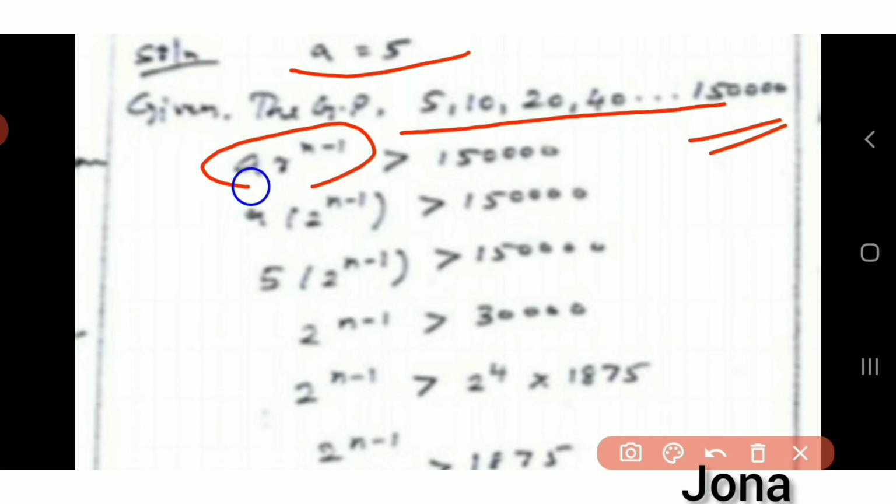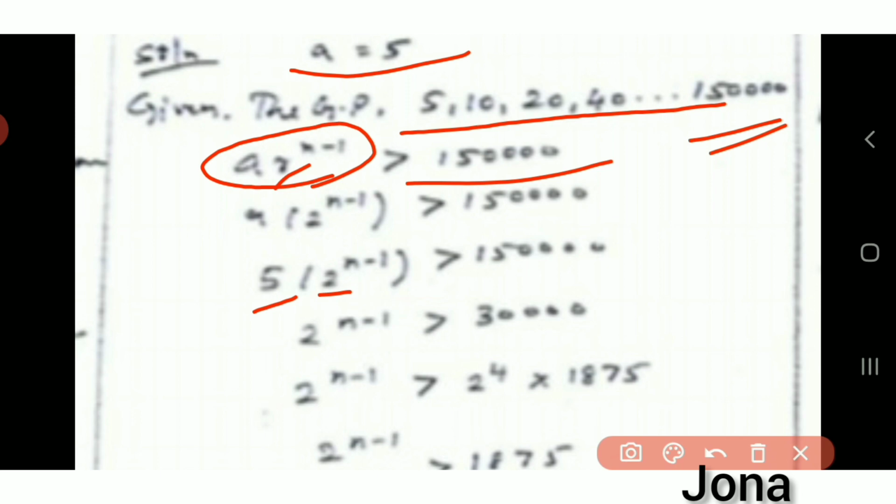So the formula for Sn of GP is A into R power n minus 1. So this may be greater than 1,50,000. So we can have R as 2 because it is doubled each day and the first day it is 5, isn't it? So put A as 5 and R as 2.